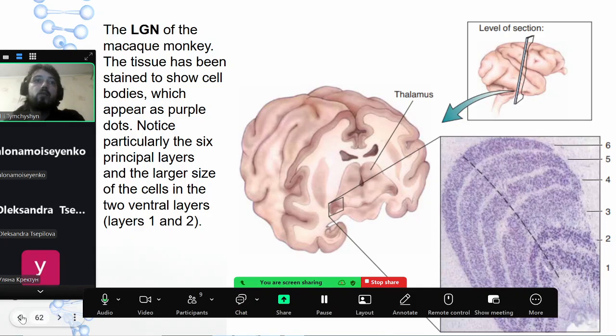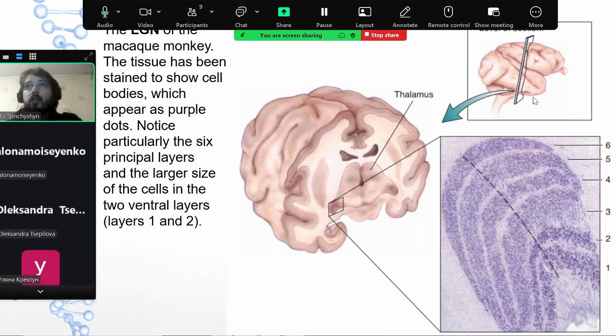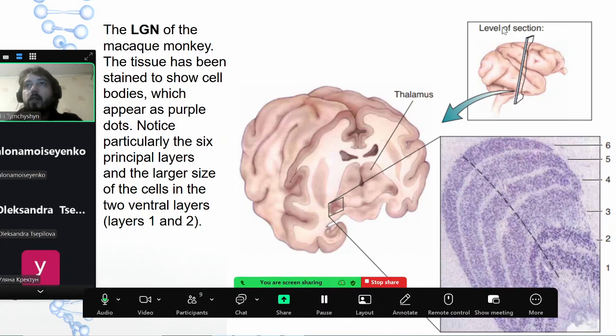As you see, we have a lot of processing there, and the brain is trying to cover up whenever anything goes wrong. Now here we see the LGN of the macaque monkey, and some layers in that LGN. Here is the slice of the whole brain, and in this slice you can see the LGN.